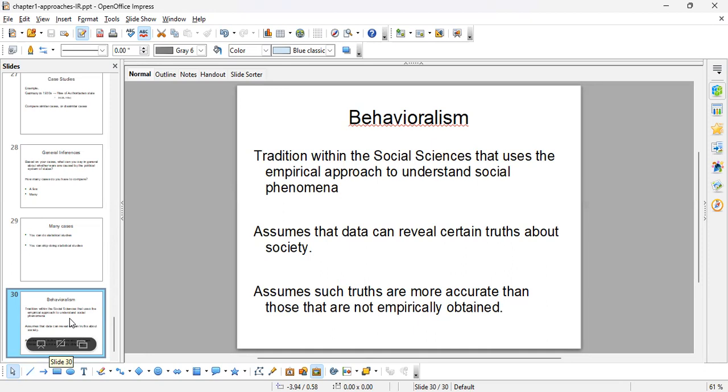There's also the assumption that data can reveal certain truths about society, and that such truths are more accurate than those that are not empirically obtained. Again, empiricism is where you are doing observation-based studies. So this is what behavioralism is about.